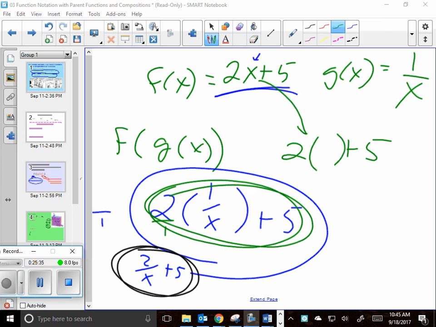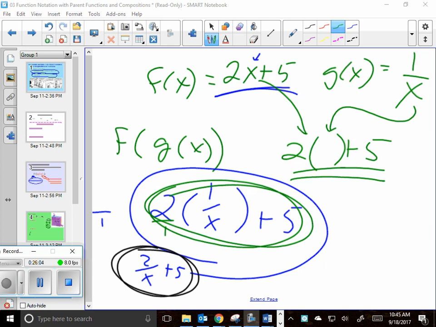I was trying to be consistent on that, so right now is like I kept telling you, replace the variables with empty parentheses, and we kept saying it's going to be important later. Well, now is later. The variables have to be replaced with empty parentheses so that you can stick stuff in them. So this is the f function written as a skeleton all ready to eat something, and then we drop the g function in there, and it's 2 times 1 over x plus 5.